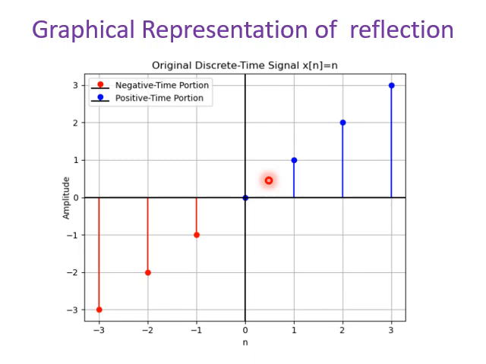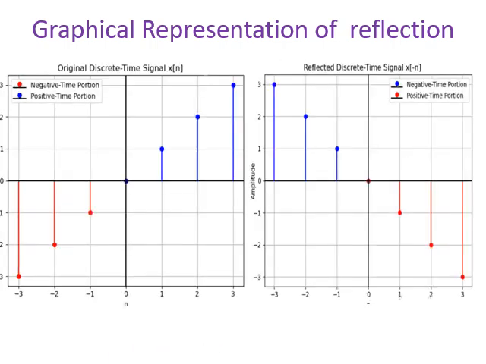The signal has values of -1, -2 and -3 at indices -1, -2 and -3, 0 at 0, and then +1 at index 1, +2 at index 2, and +3 at index 3. So its reflected version will look like this.